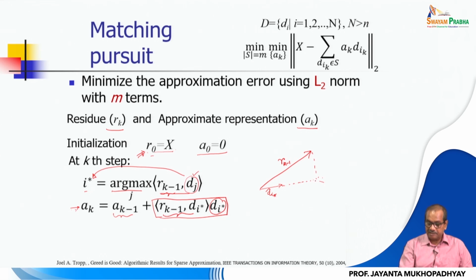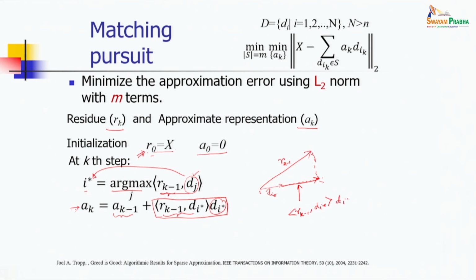If I take the projection along this direction, finally this is the vector representing the inner product of r_{k-1} and di star. Earlier, suppose this is my approximation at the k minus 1th step. This vector will be added to it, and the resultant vector would be the vector ak. That is what this step is doing.